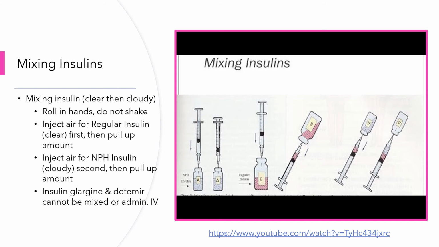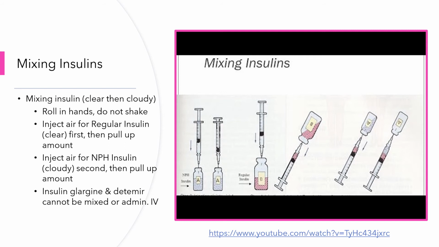So first, with mixing insulins, you need to roll your insulins, make sure that they're at room temperature. The cloudy ones are usually your longer acting insulins. So your cloudy mixture, roll up to make sure that it is not separated, that it's mixed up still pretty well. But make sure that you're not shaking it also.